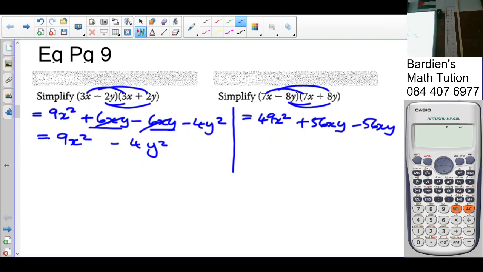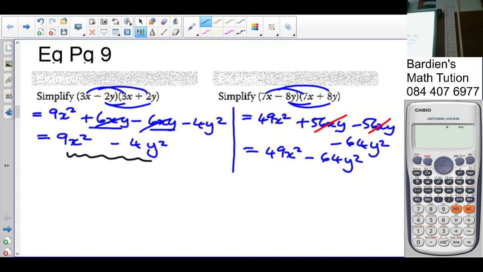Is that correct? And negative 8y times positive 8y is negative 64y squared. So what do I do now? Add like terms, as you can see they cancel. So 49x squared minus 64y squared. But of course you can see there's a link between them. That's resulting in such an answer.